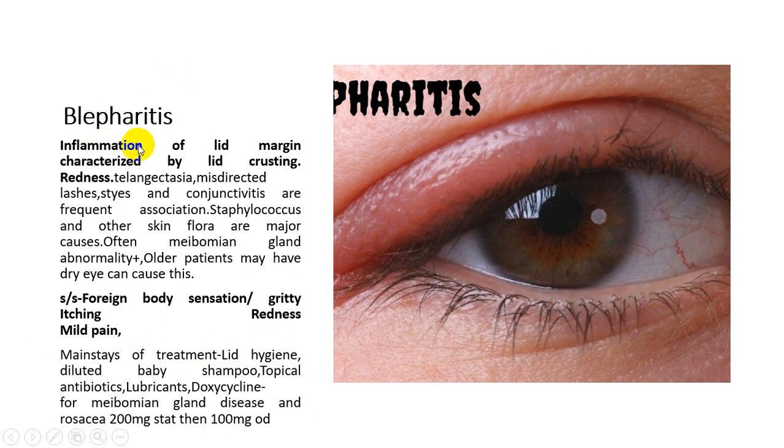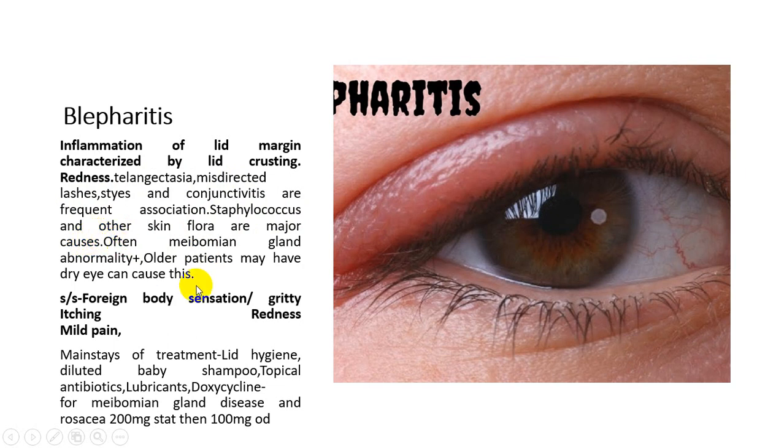Blepharitis is the inflammation of the lid margin characterized by lid crusting, redness, and telangiectasia. Misdirected lashes, stye, and conjunctivitis are associations, and staphylococcus and other species are the major causes.